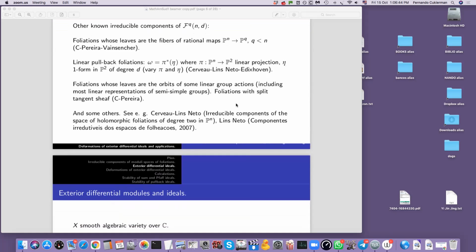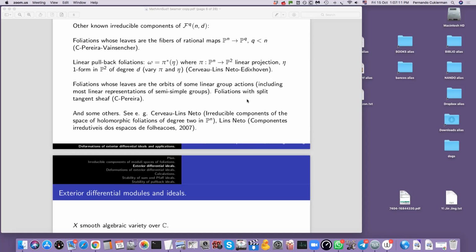Another type of foliation is the following. It is a kind of foliation that Sebastián Velázquez was talking about yesterday. You take an action of an algebraic group, a linear action, and then you take the action in Pn, and you look at the orbits of such an action.